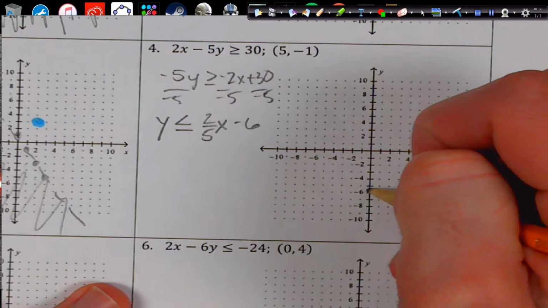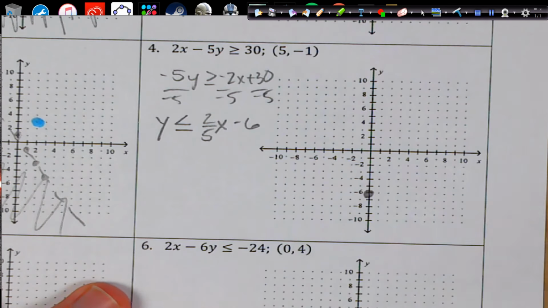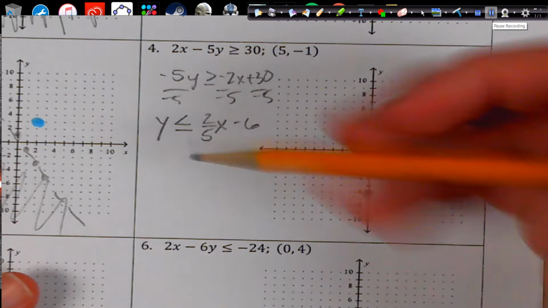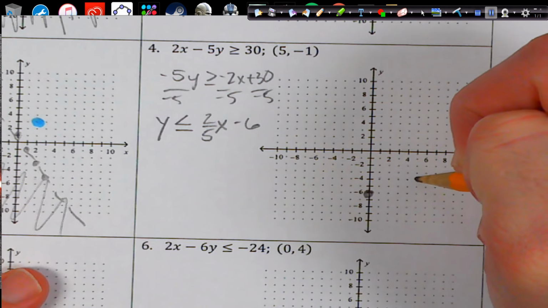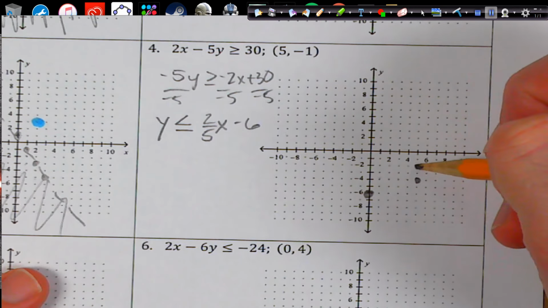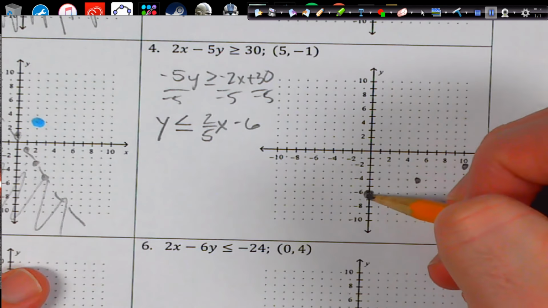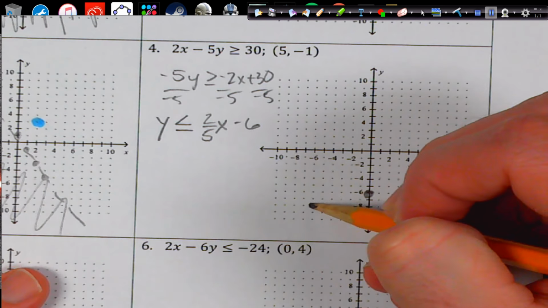We start at -6, and we're going to go up 2 and over 5. So we got our y-intercept of -6, then we use our slope, up 2 over 5. 1, 2, 3, 4, 5. We can do it one more time, up 2 over 5. We can also go down 2, back 5.